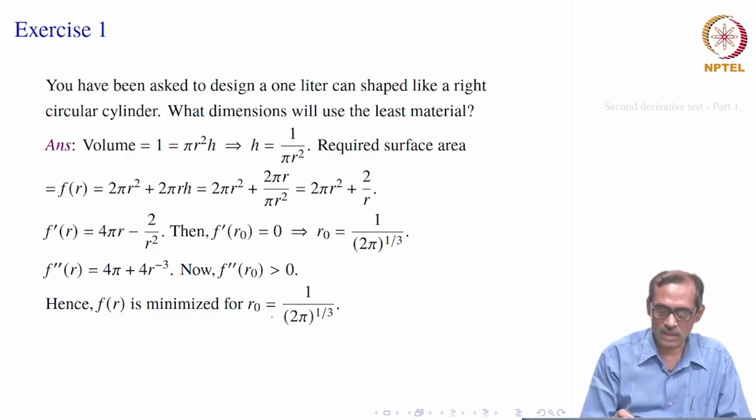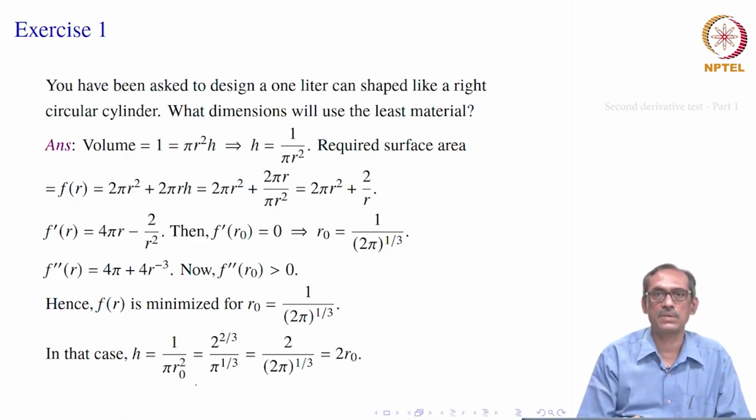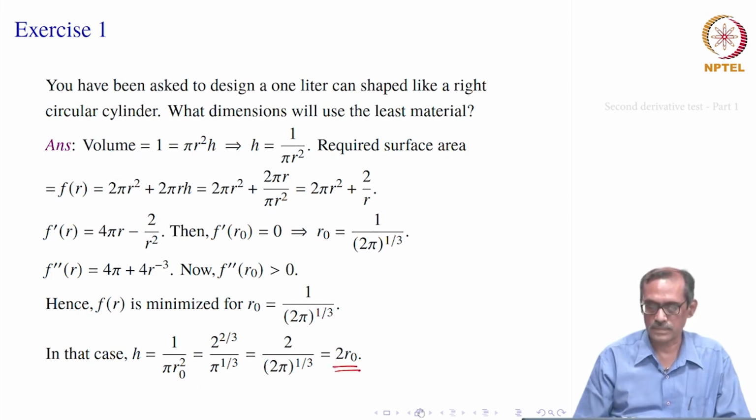Now, if r equal to this, then what will be h? We can find h as 1 divided by pi r 0 square, which turns out to be 2 times r 0. So, all it says is that we have to choose our r and h in such a way that the height should be twice the r.